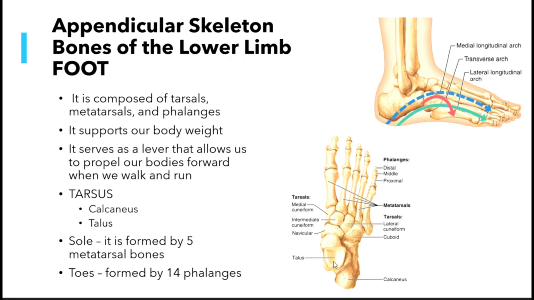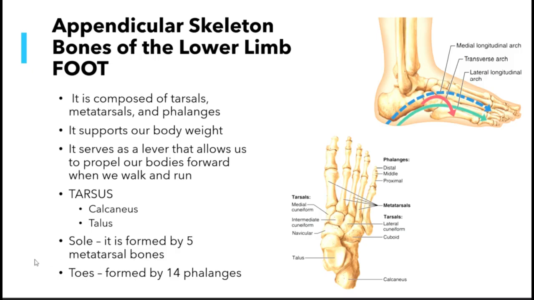Body weight is carried mostly by the 2 largest tarsals, the calcaneus, or the heel bone, and the talus. The talus lies superior to the calcaneus, articulates with the tibia, and allows pointing of the toes.